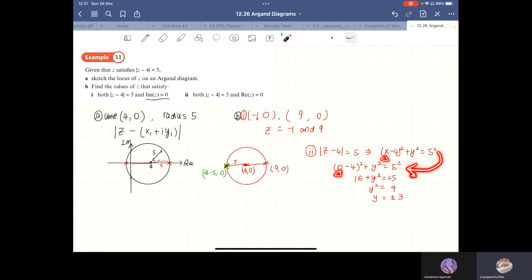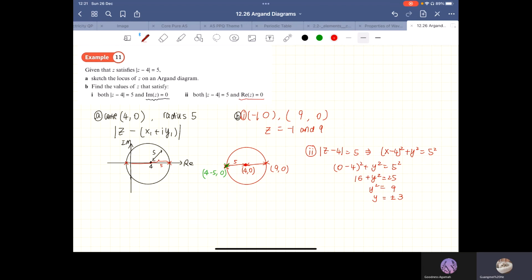No, okay, let me explain it. So because the question says real part of z is equal to 0, and the real part is the x. It says that x is equal to 0, so we're just substituting x equal to 0. So we use the information given in the question. Real part is just x.